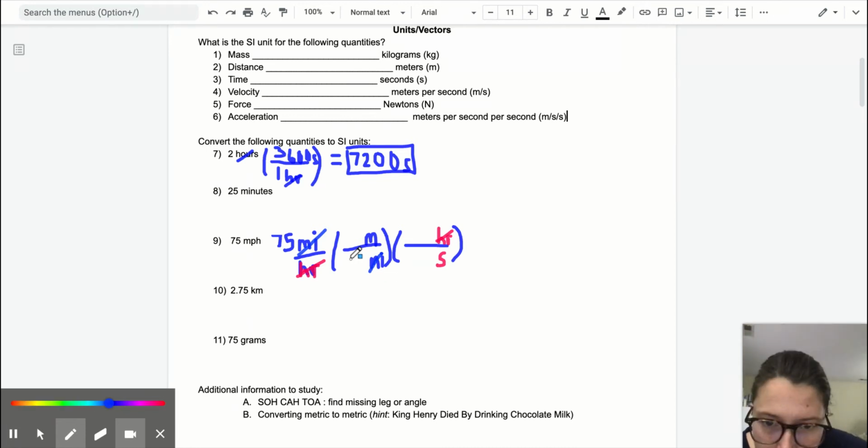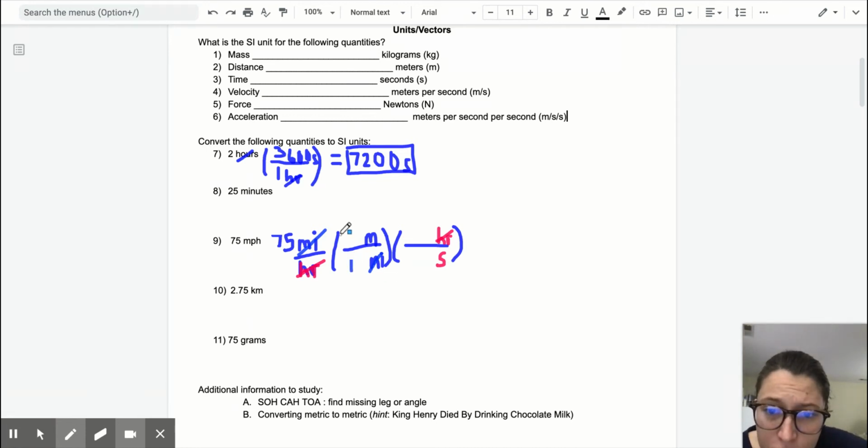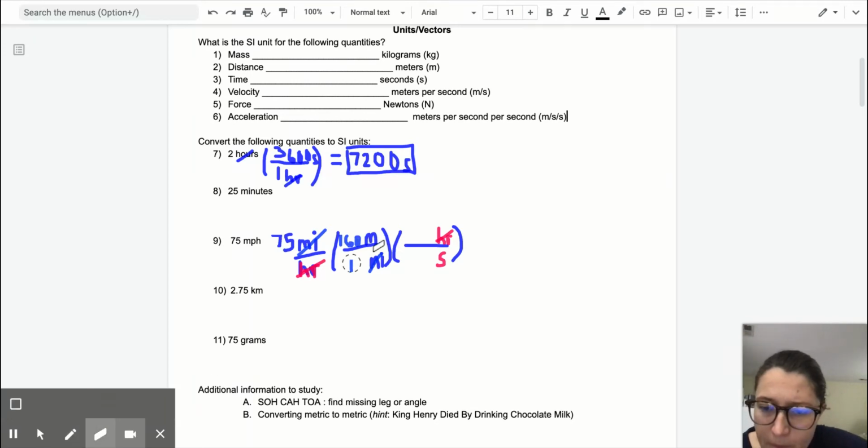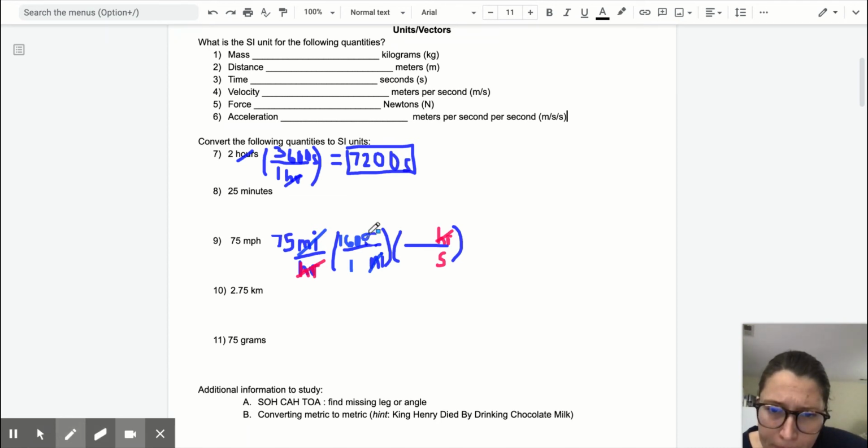Okay, in 1 mile, we have 1,609 meters. Okay, and in 1 hour, we have 3,600 seconds.